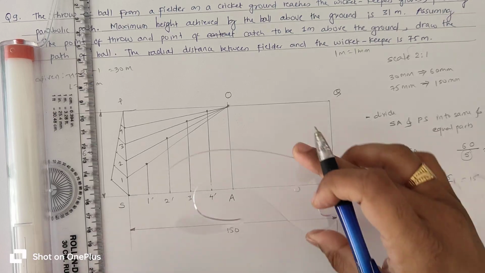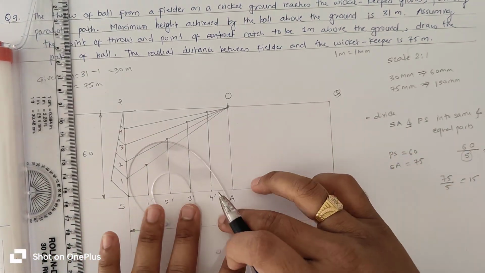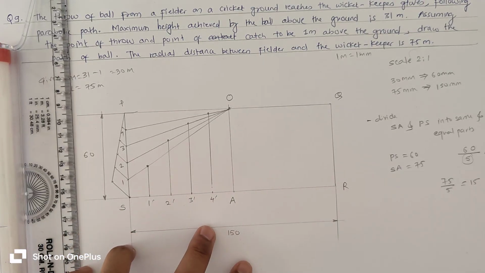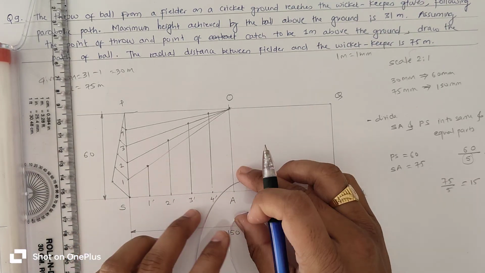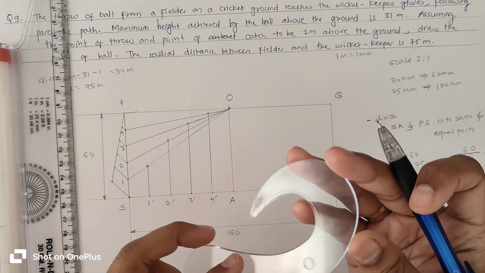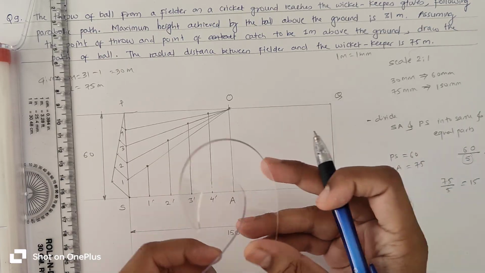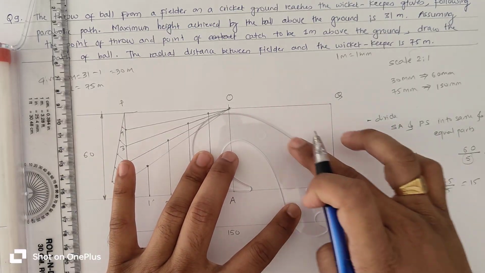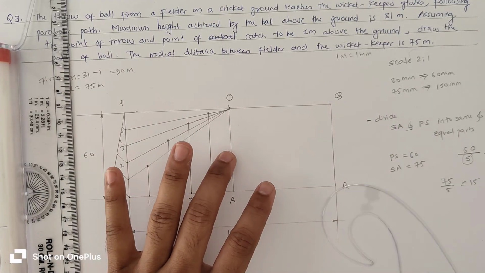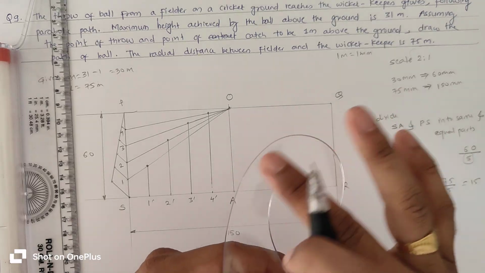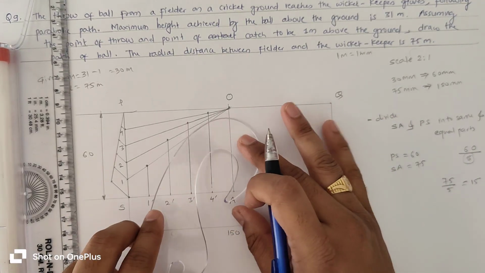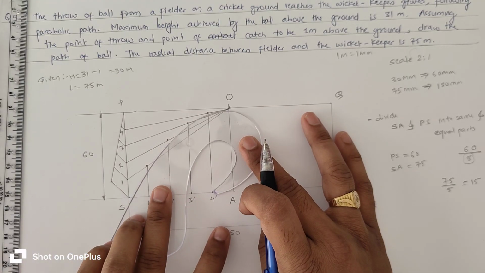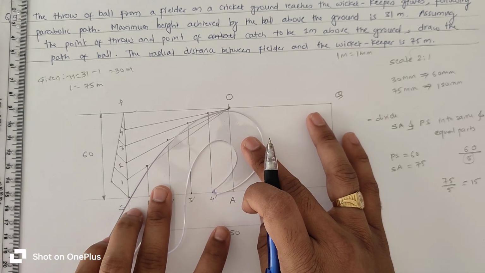Then use a French curve to draw this parabola. To draw the left side of the parabola, use the rear side of the scale. This is the front side. With the front side you can draw the right side of the parabola, and with the rear side of the scale you can draw the left side. Adjust the scale on the generated points.